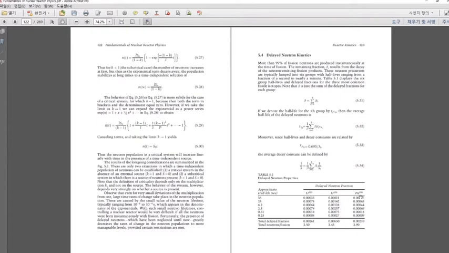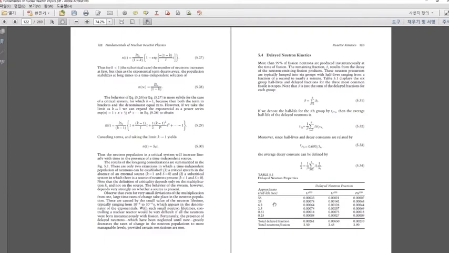There are many such precursors, but we usually divide them into 6 groups depending on their half-lives. So we can see the 6 groups of precursors here, and these are the delayed neutron fractions associated with the half-lives of the 6 groups.